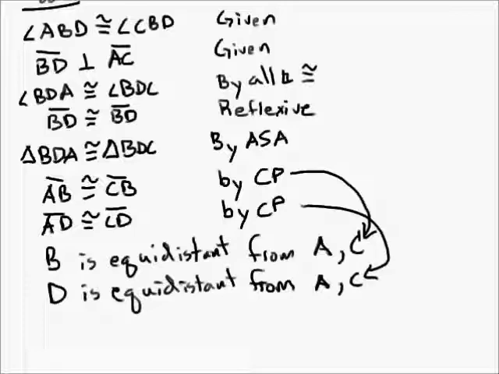So then finally we're going to invoke the perpendicular bisector theorem, theorem 4.10. BD is the perpendicular bisector of AC, and that's theorem 4.10. Okay.